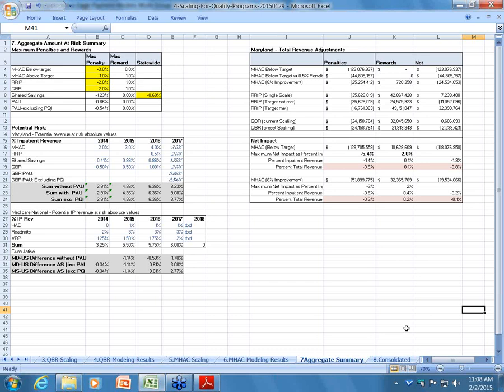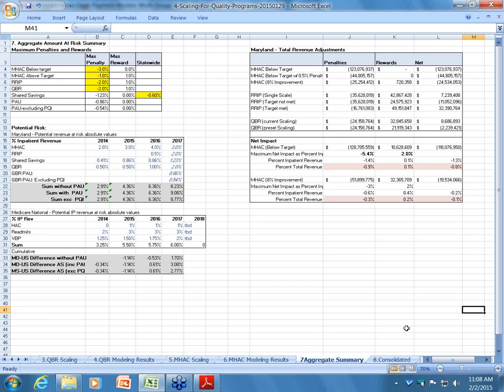And on the Medicare side, the HACs is at 1%, readmission is a 3% reduction, and the VBP is 2%, totaling up to 6% on the potential at risk. And at the bottom, you see the differences between ours and the national one.